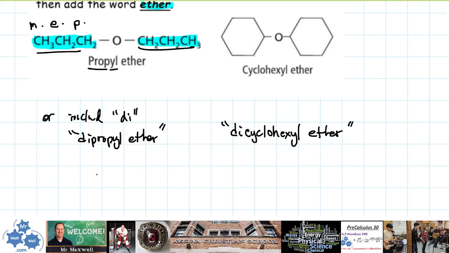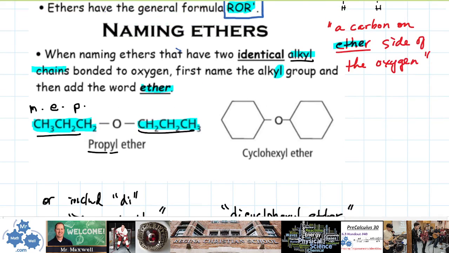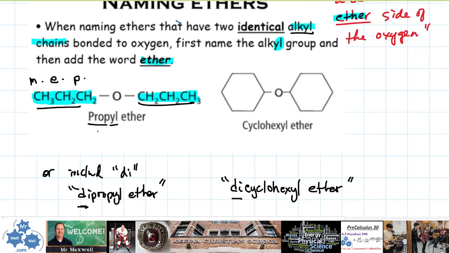However, you may see on the internet or in your textbook dipropyl ether. That is not wrong. It is not necessary, but it is not wrong. If you see dicyclohexyl ether somewhere, that is acceptable as well. I would strongly suggest that I'll just teach the main way and stick with that because it's easier to remember, okay?